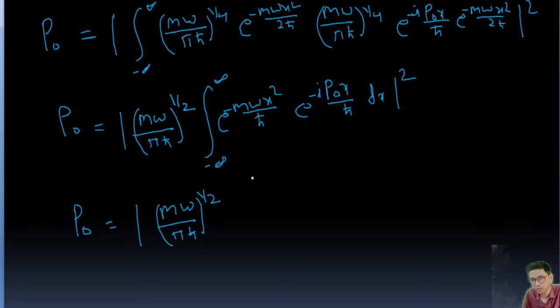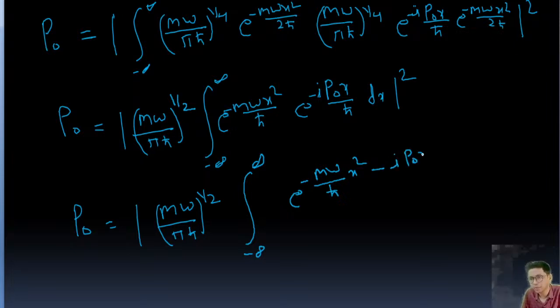And here we can write the integration from minus infinity to plus infinity of e to the power minus m omega upon h cut x square minus iota p naught x upon h cut dx, right?